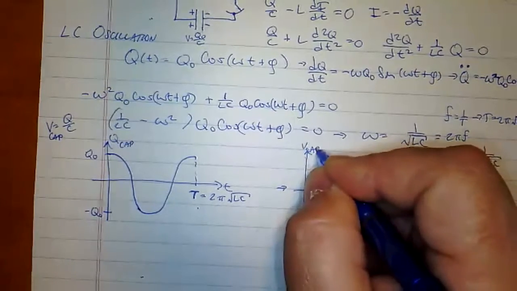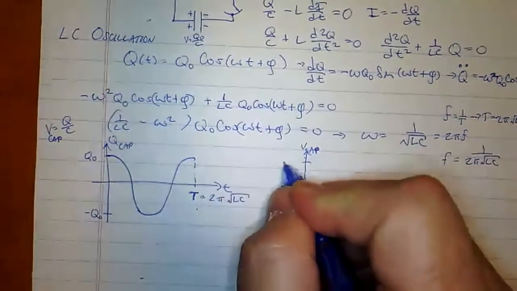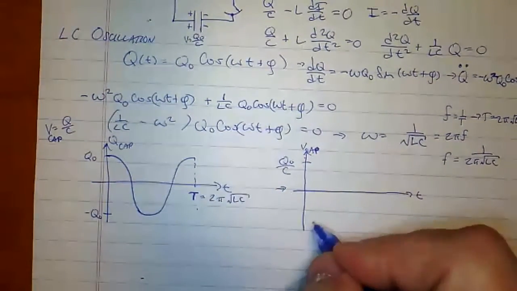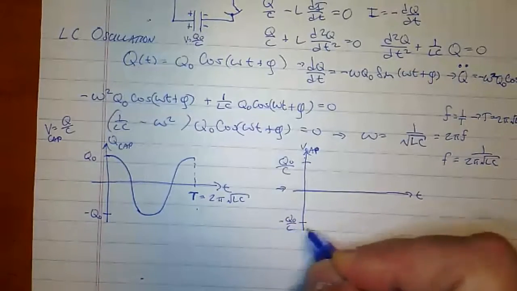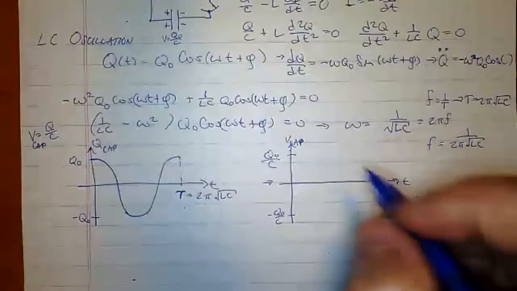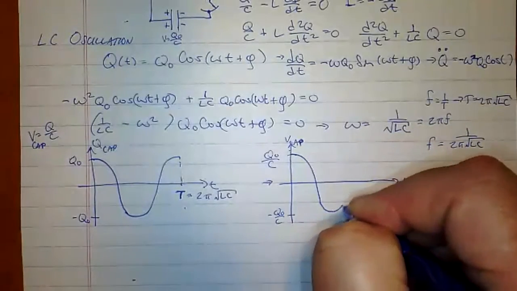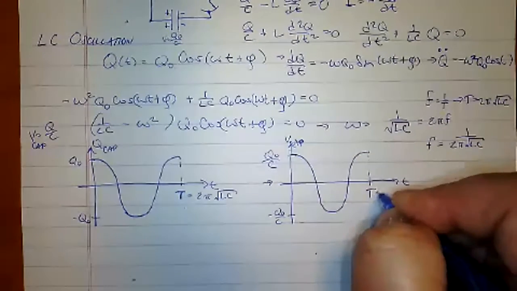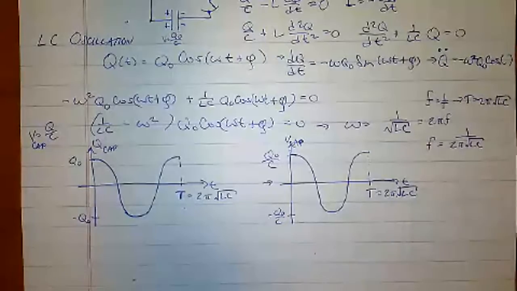So the voltage across the capacitor is going to be this with a peak at Q0 over C, and the negative peak at negative Q0 over C. So notice Q0 over C has units of voltage and all that good stuff, but it's the exact same curve. It's the cosine curve. Okay. Again, this is T equals 2 pi times the square root of LC.